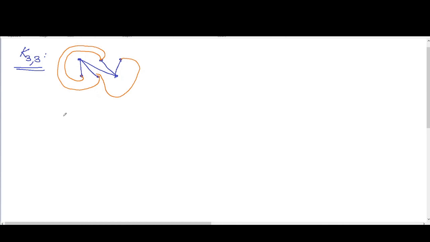Now we can move to the proof. In the case of K33, every region is bounded by 4 edges. Therefore, 2e is greater than or equal to 4f. Now we can make use of Euler's theorem, f is equal to e minus n plus 2.